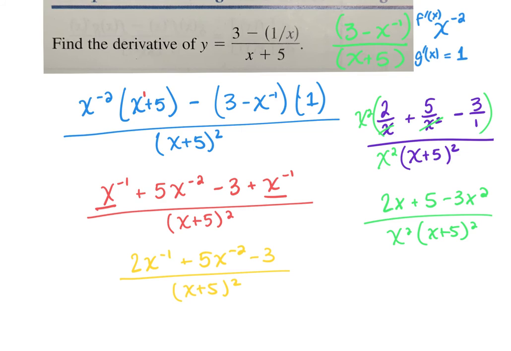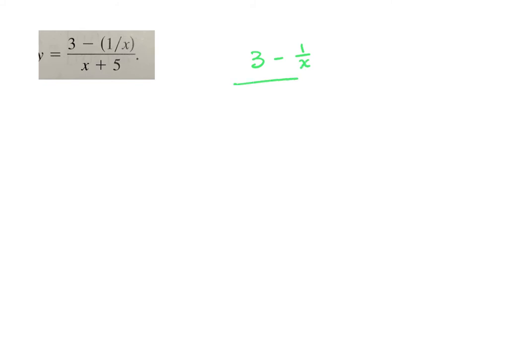Now, the other thing you can do is you can simplify it at the beginning. So I'm going to show you a secondary way to do this. Most people don't think about canceling that guy out. So I have this as my original. Rewrite it again and do 3 minus 1 over x, all over x plus 5.